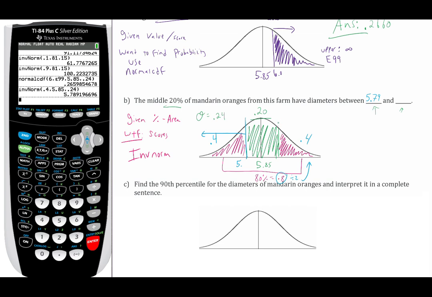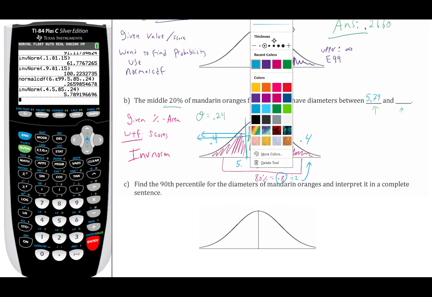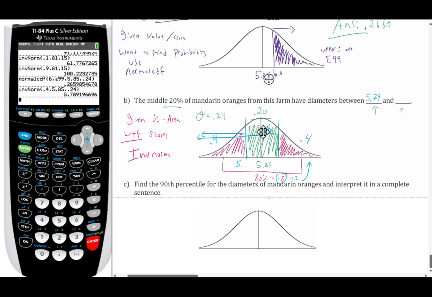All right, so in my calculator, I can only use the area to the left, so I can find the area to the left of the upper value by adding 0.4 plus 0.2 to give me 0.6. Let me go a little bit thicker here so you can actually see what I'm writing. This would be the area to the left of 0.6. So I'll hit second. I'm going to change it up again. Second entry.